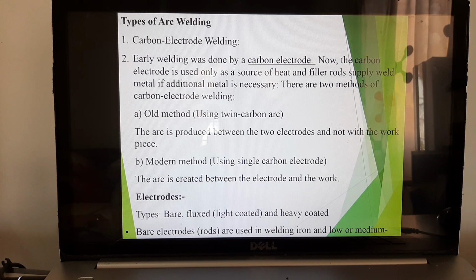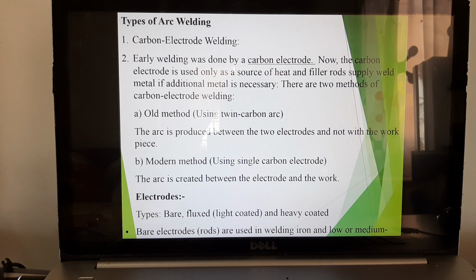First, the type of electrode you use can protect your weld area from oxidation. Number two, the use of external measures such as a gaseous shield or ceramic cup to protect the weld area from oxidation.